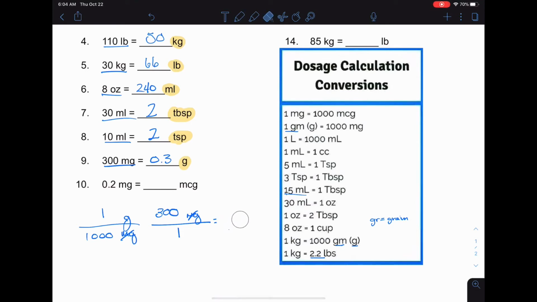All right, number 10. 0.2 milligrams is equal to how many micrograms? When we look on our chart over here, we see that 1 milligram is equal to 1,000 micrograms. So that's a conversion we're going to use for this. Our problem, we're working towards micrograms, so we're going to throw that up top.